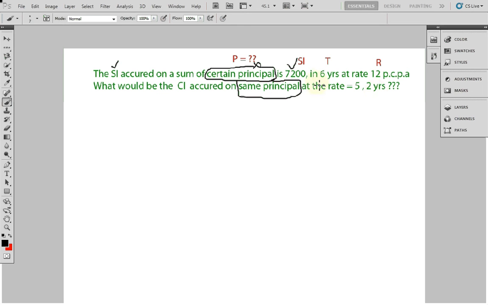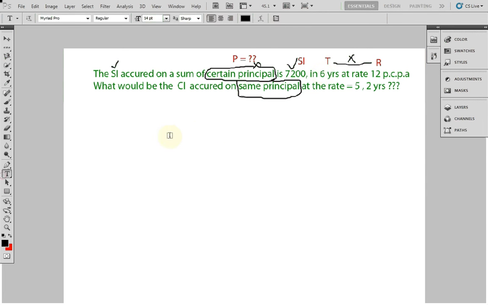Okay, actually in this case what we have to know is the percentage of principal. As I said in the previous session, we have to multiply rate of interest with time.